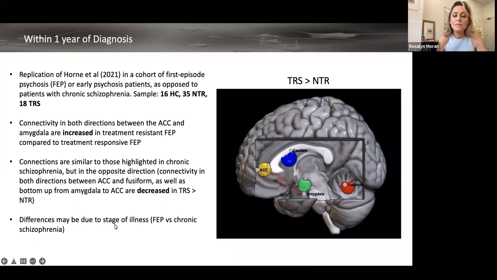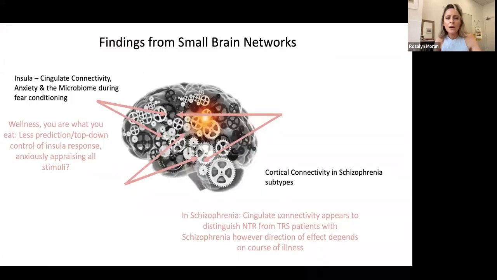And so what we think is that differences may be due to stages of the illness, again, which has been investigated a little in the context of prefrontal gamma oscillations by Peter Ullhaus's group. So our findings from the small brain networks are not to just try and keep our data size small for small sake, but to try and relate the connectivity differences to frameworks that allow us to interpret some of the behavioral features that we see in the diseases.